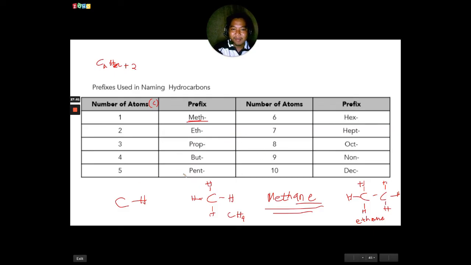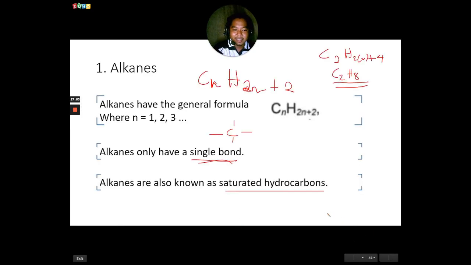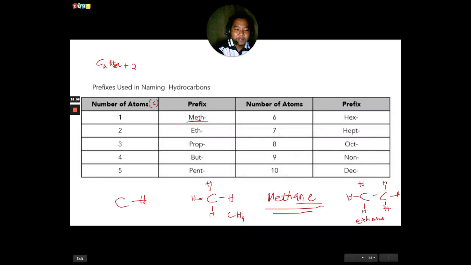Sorry, baka ngayon ko lang na-realize. 2 times 2, 4, plus 2 pala kasi ito dapat. So, 6 lang. So, very good sa mga nag-correct sa akin, pero hindi nyo masabi kasi nasa video pa. So, dapat, C2H6. We have 1, 2, 3, 4, 5, 6. Tama. All single bonds, 2 carbons, 6 hydrogens. That's your ethane. And then, prop.